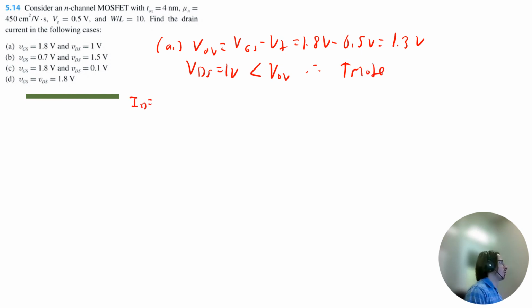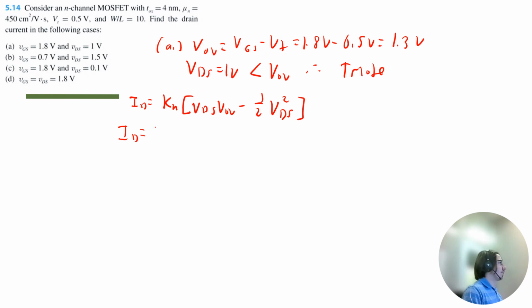So we can calculate current as not 1/2. Sorry, wrong equation. It'll be K_n times V_DS times V overdrive minus 1/2 times V_DS squared.